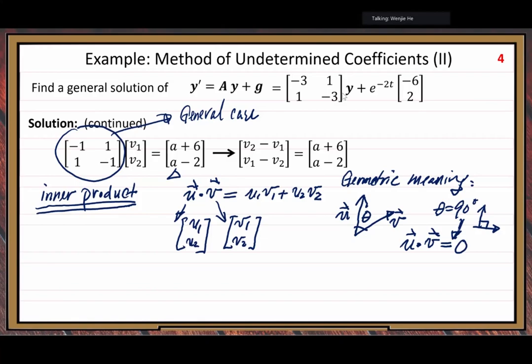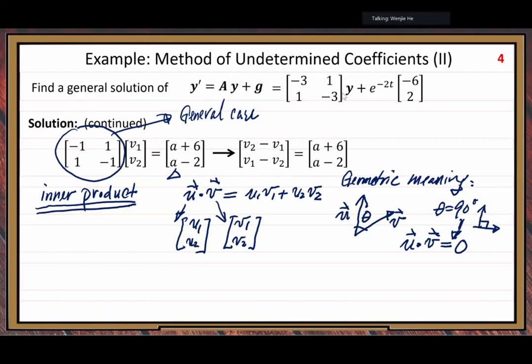We want to use this property to annihilate: the perpendicular vector annihilates the current vector, making it 0. Using this property, let's find the unknown parameter A. All right, let me show you. This is the idea.